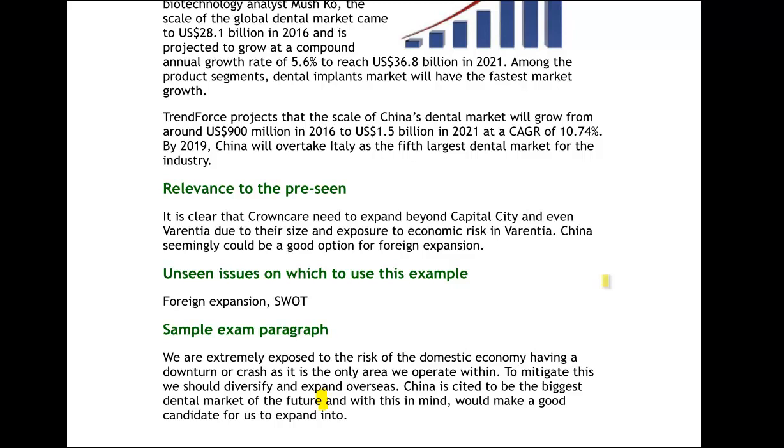What are the opportunities involved here? Or it might involve a SWOT analysis, and one of the opportunities you could mention is China being the biggest dental market of the future. So it's just these contextual points you add in to these bigger questions that get you additional marks.